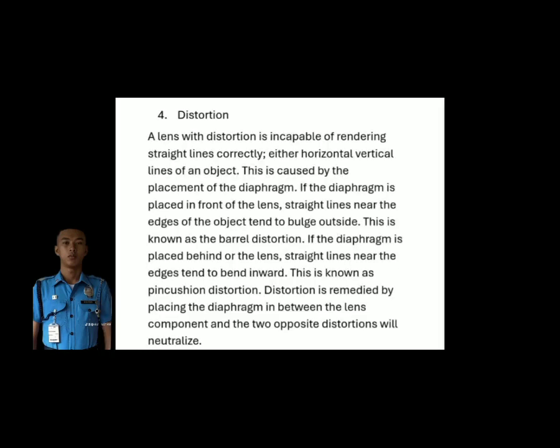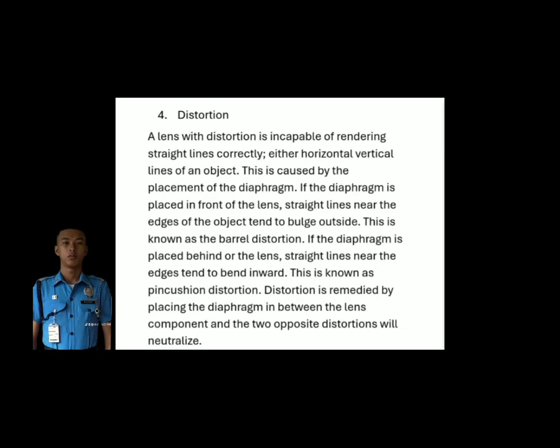So let's proceed to distortion. A lens with distortion is incapable of rendering straight lines correctly, either horizontal or vertical lines of an object. This is caused by the placement of the diaphragm. If the diaphragm is placed in front of the lens, straight lines near the edge of the object tend to bulge outside.